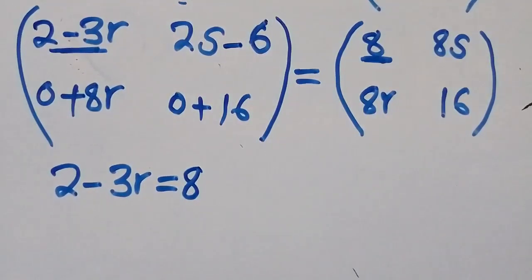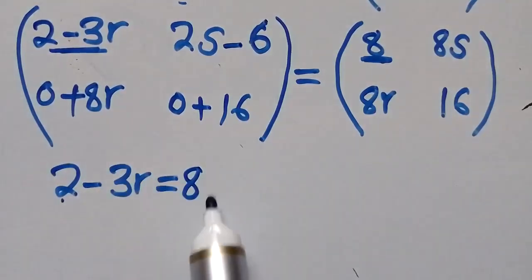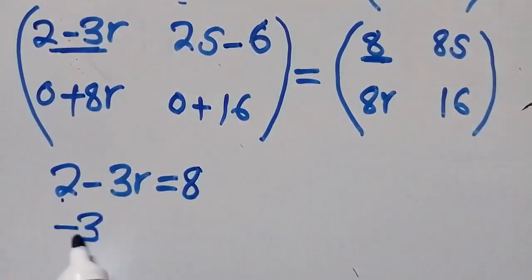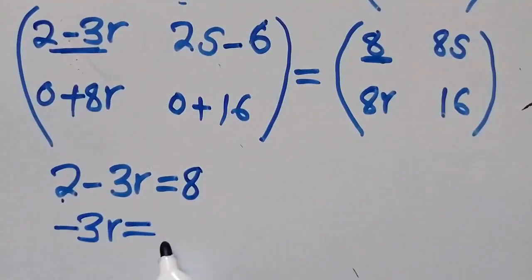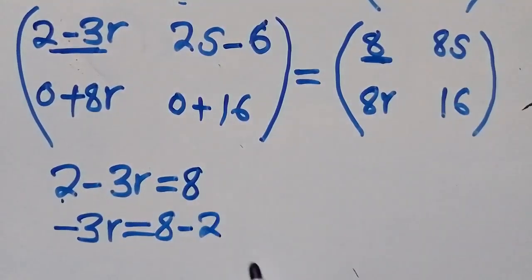How can you solve this? How can you work out this part? So what you are going to do is say 2 will go to this other side. So it remains with -3r, which is equal to 8. When this one goes this side, it's minus 2.